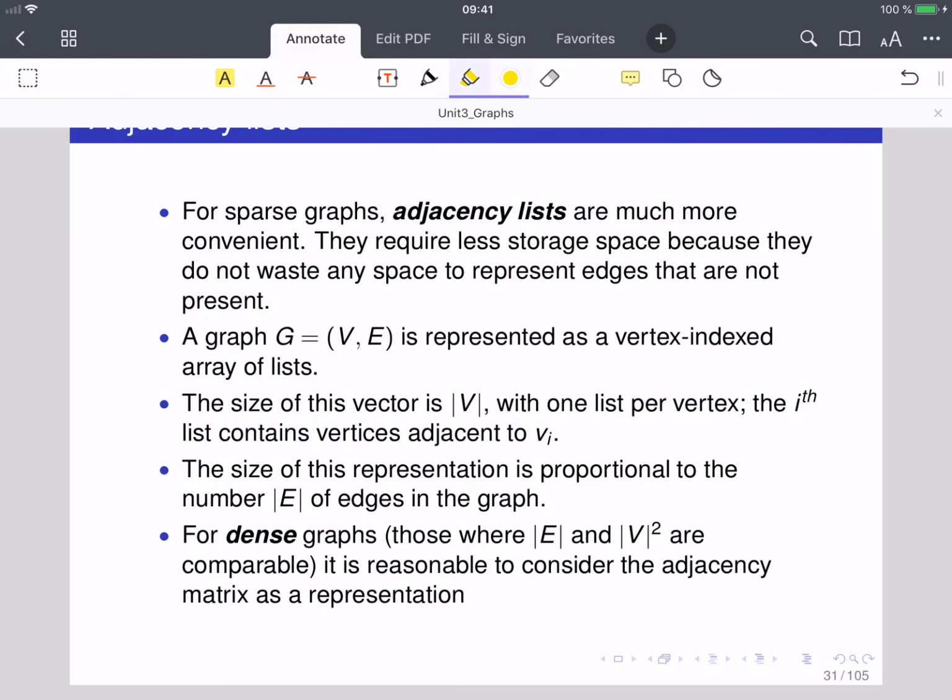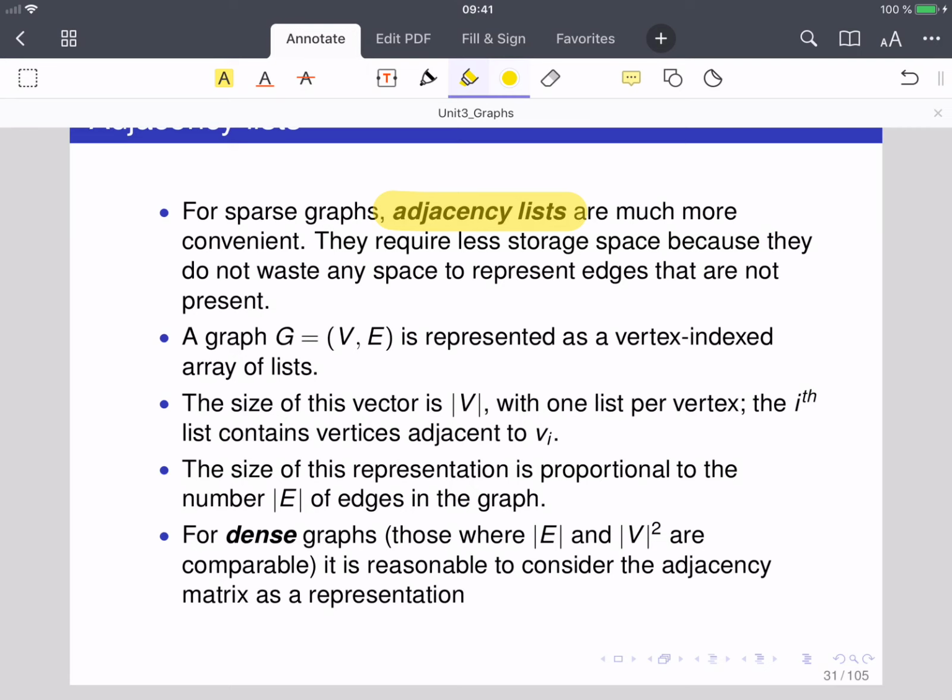Instead of using adjacency matrices, we are going to use this representation in which for each of the vertices in the graph, we store a list, that is why we call this representation adjacency lists, in which in each of these lists we store the vertices that are adjacent to a given one. Okay, so we only store the real vertices that are connected to the one that we are studying. We don't store all those zeros.